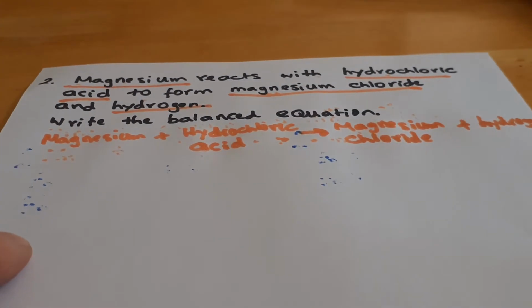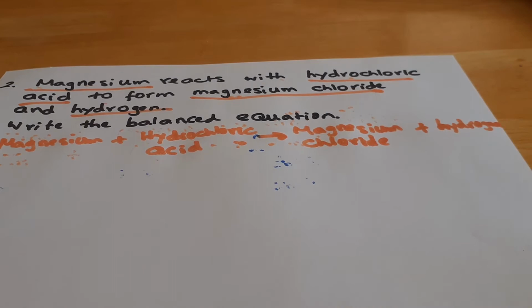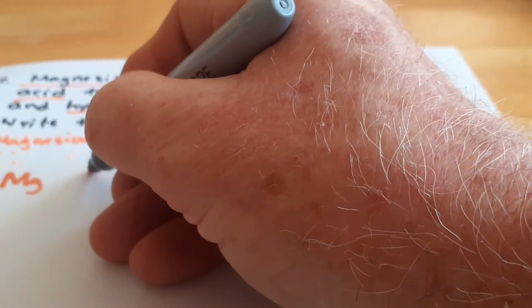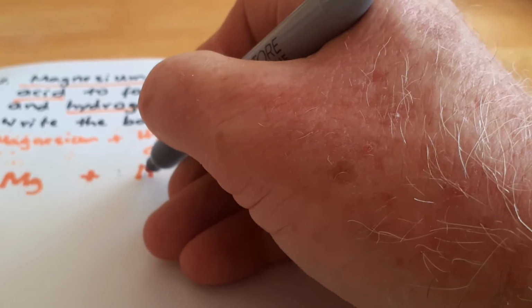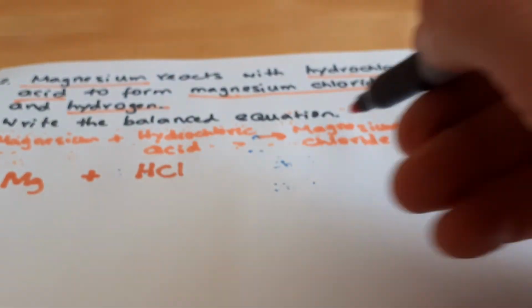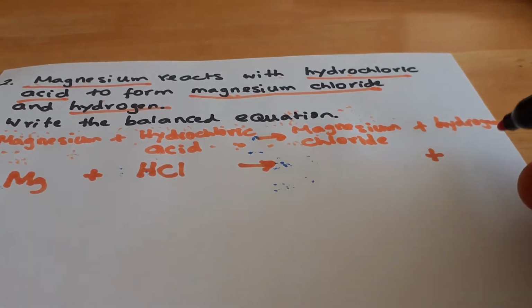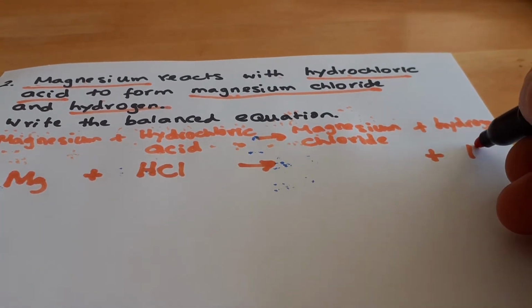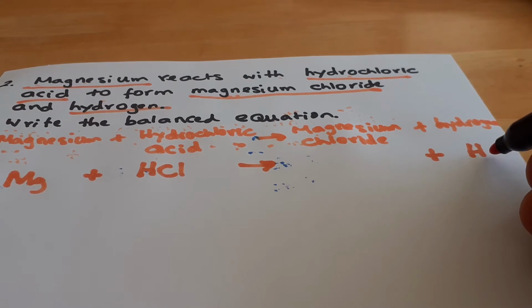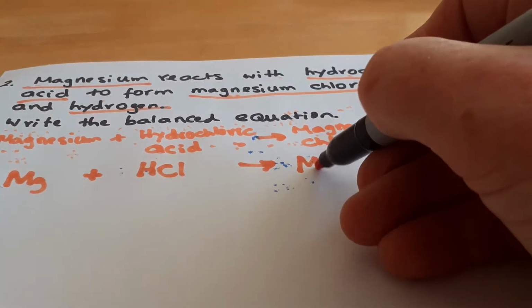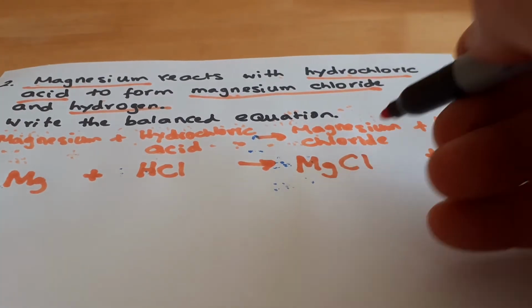So let's put our symbols and formulas in. So magnesium as an element on its own, Mg. Hydrochloric acid is one of those I said that you need to learn. Its formula is HCl. I'm going to jump to the end here. Hydrogen, because it's one of those diatomic gases, has to be written as H2. And then let's look at the magnesium chloride.